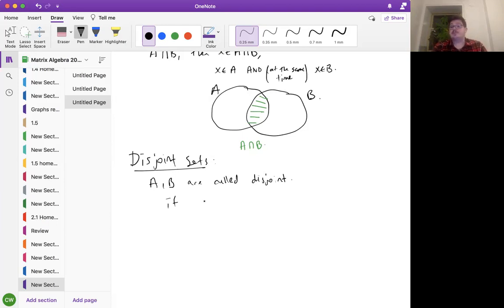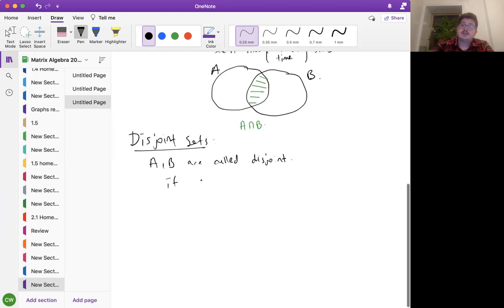How would you describe separate in math terms? Yeah, that's good. For every a in A, a is not in B. Or A and B do not share common elements.